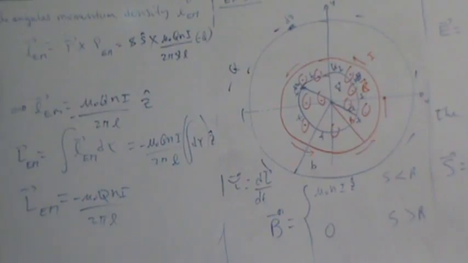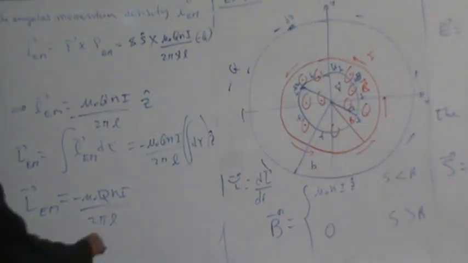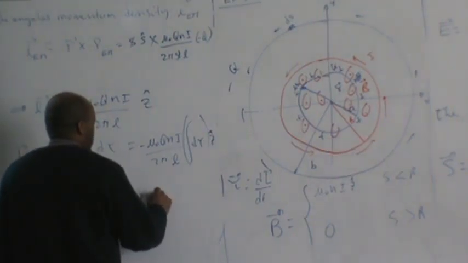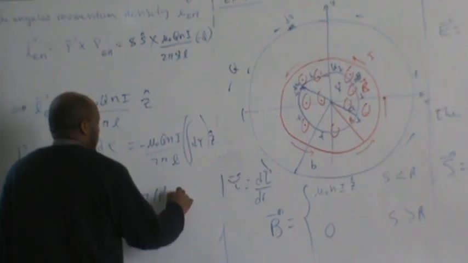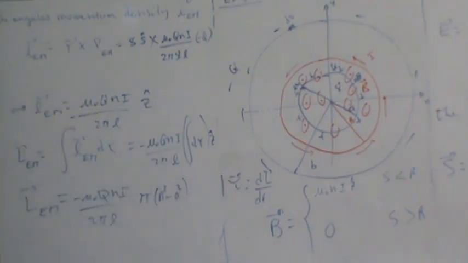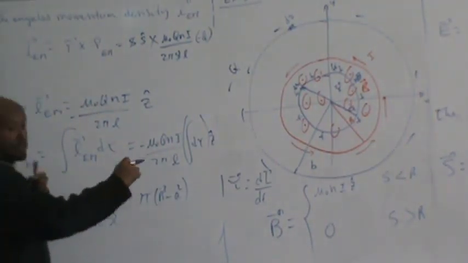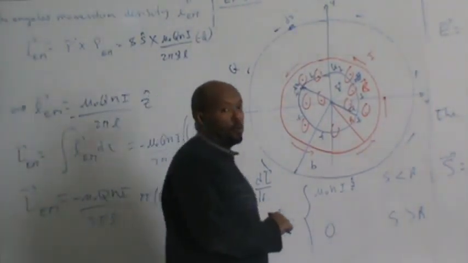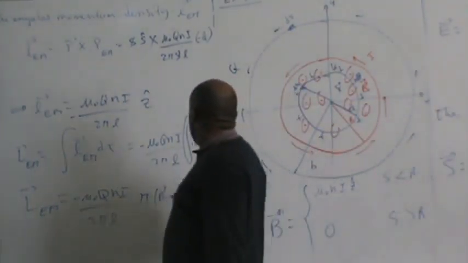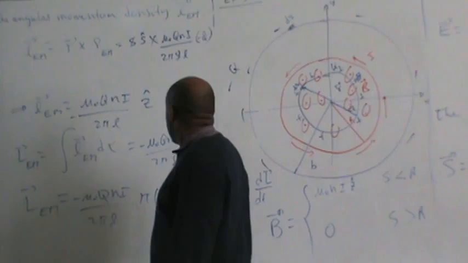So how can I express the volume? Yes, pi times R squared minus a squared times the length N. That gives you the volume, along the z hat direction.